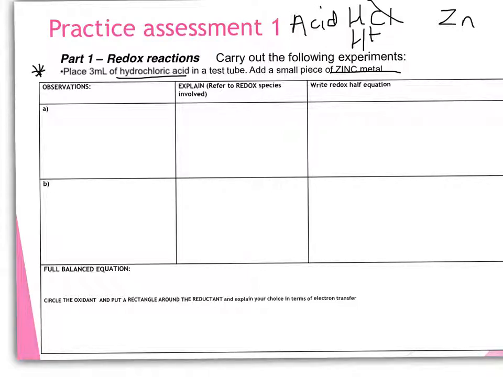So we're not actually interested in the chloride here. It's the hydrogen ions. So all acids, it's taking part in a reaction. For the redox, we're just worried about the H+. Okay, so we're going to look at the table and go, what could H+ possibly go to? And you'll actually do the reaction and you'll see bubbles form.